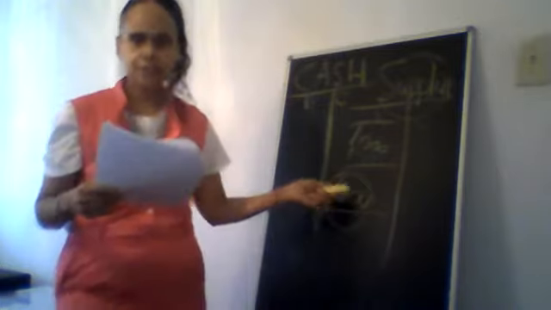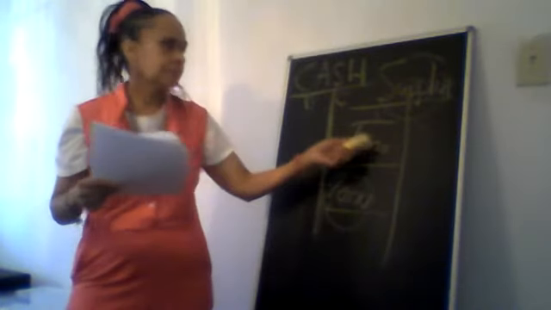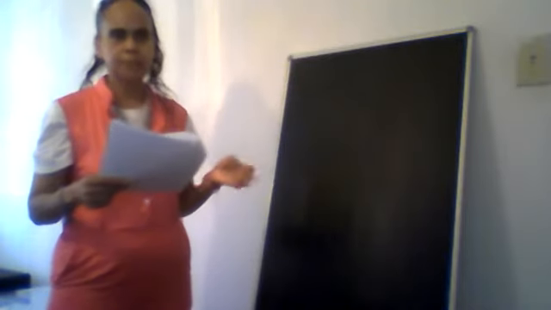I'm taking $1,000 off my cash account to purchase my supplies. So that's how that will go. A lot of times I like doing my T accounts separate because I understand them better, but sometimes you can just have one T account and go all the way down.